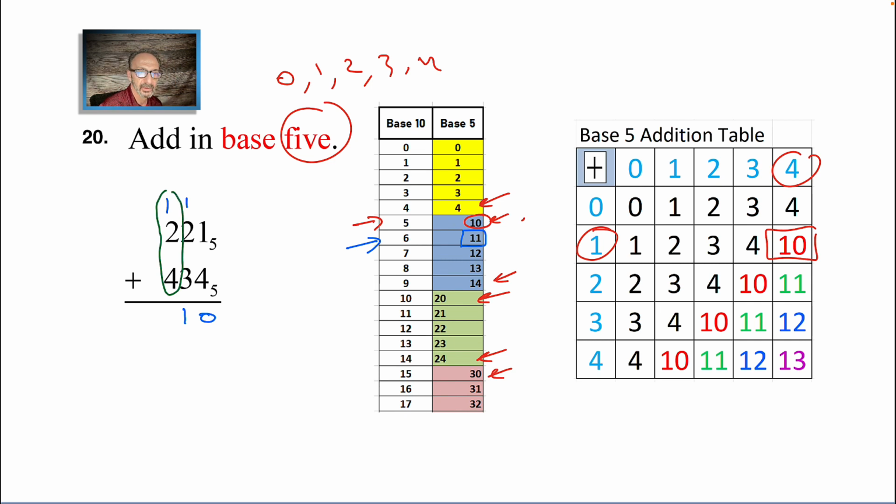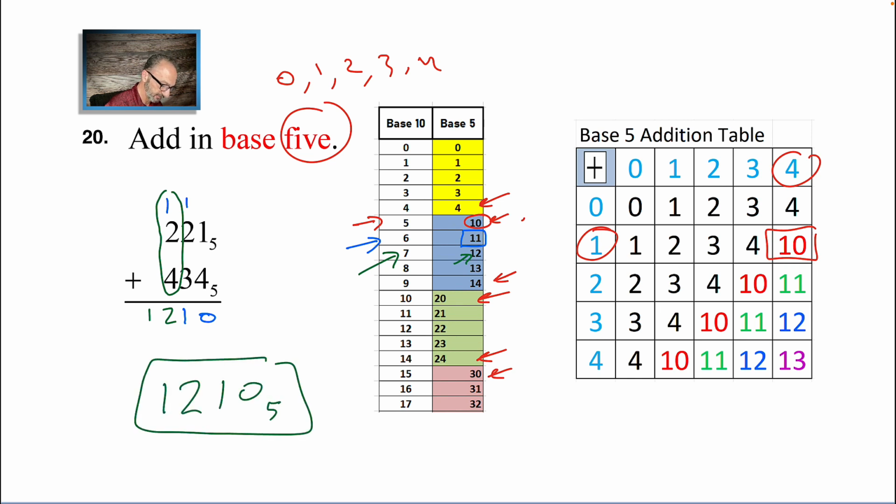That's 3 and 4, 7. 7 is 1 five and 2 units. We don't want to carry the 1, we'll just write it down here. So the answer is 1210 in base 5, of course. And that should do it.